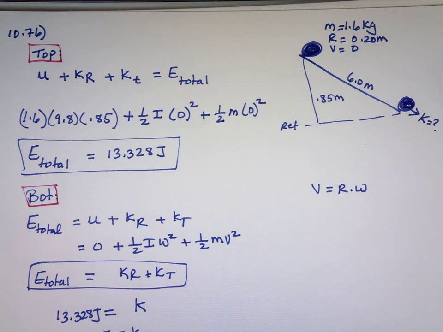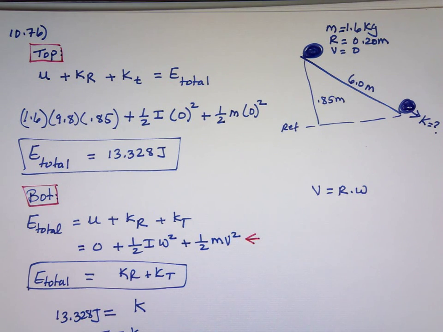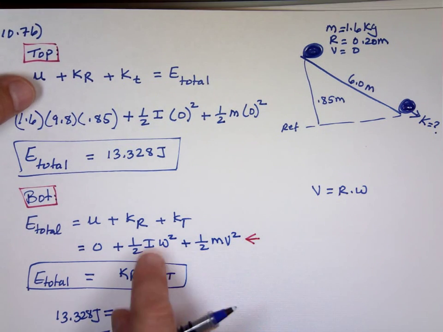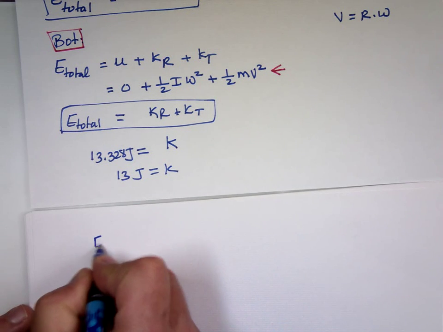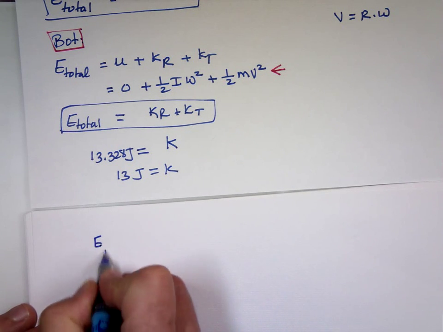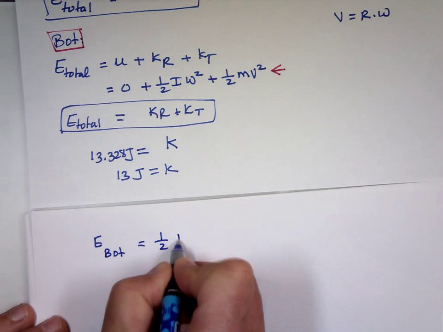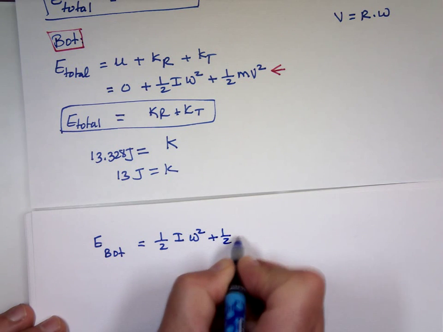So if I go back to that equation, because right now I have two unknowns in it. I have E at the bottom is equal to 1/2 I times W squared plus 1/2 M. Instead of V, let me put RW here.